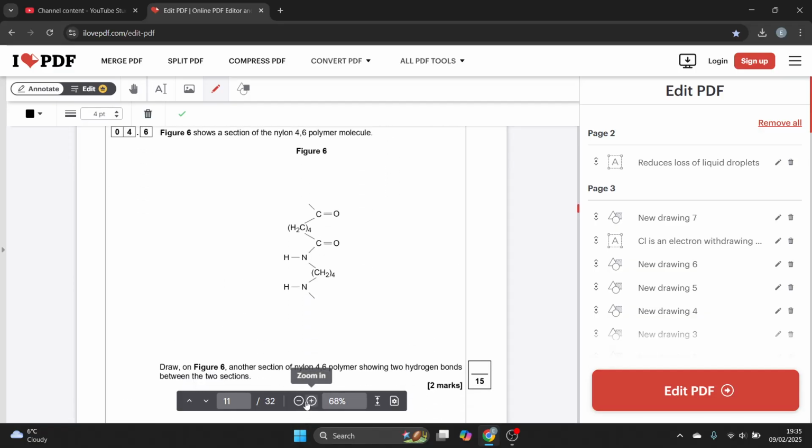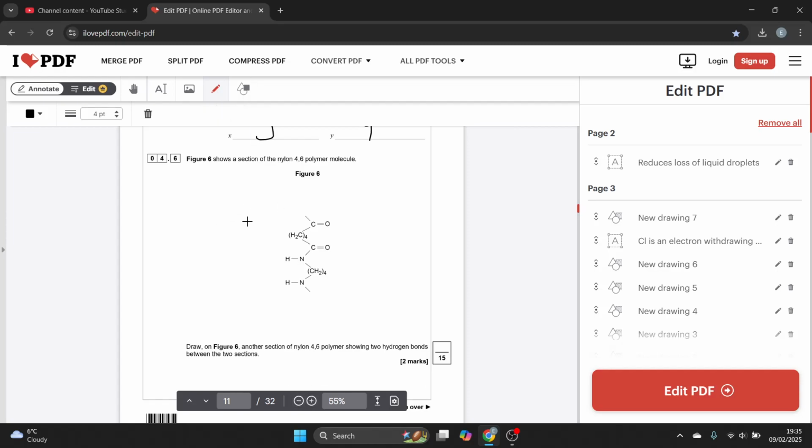Draw on figure 2 another section of nylon 4,6 polymer showing 2 hydrogen bonds between the 2 sections. We've got here a carbon double bond O, H2C4, C double bond O again, and H, CH2.